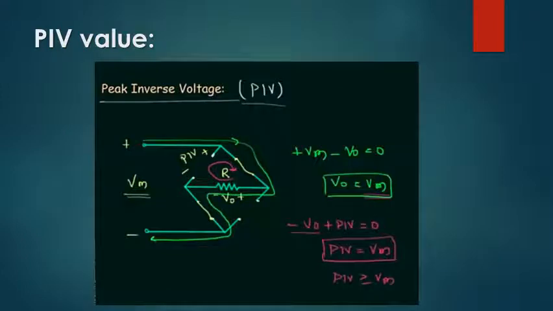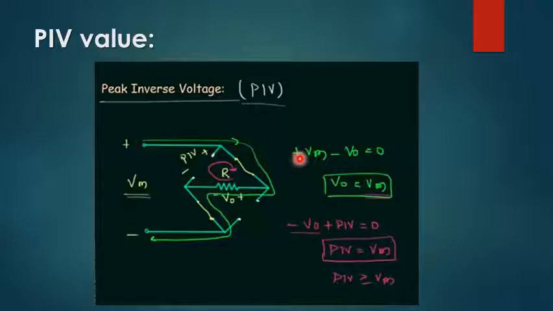Its PIV value. As you can see, there are four diodes used here. We will omit the two here and here, and then the current will flow from here to here, and it will flow like this, as you can see in the green line, in a zigzag pattern.